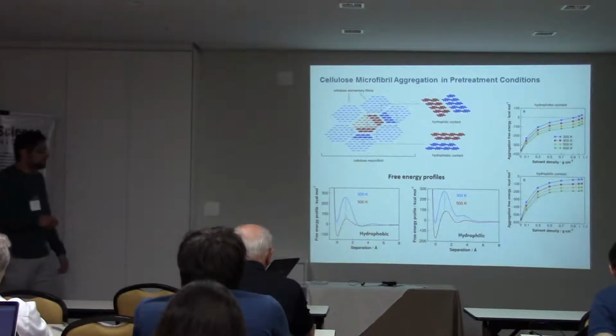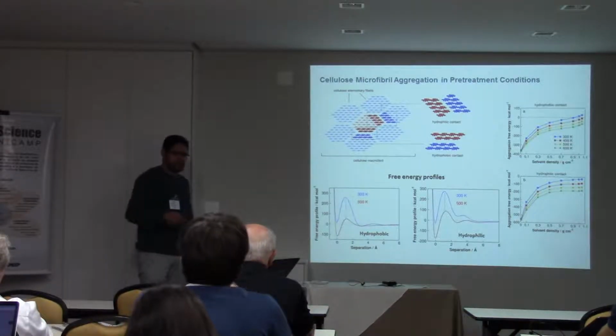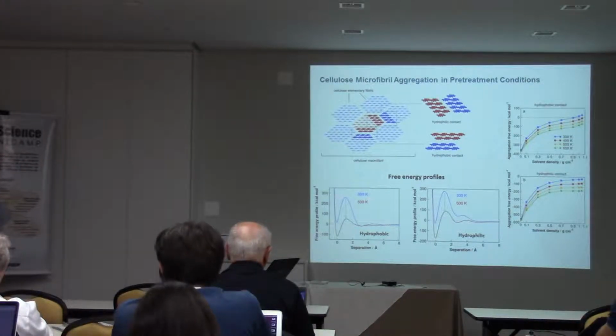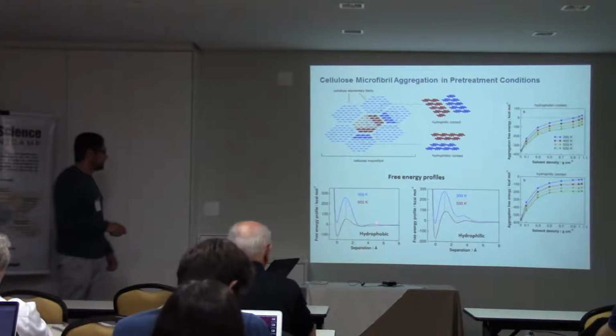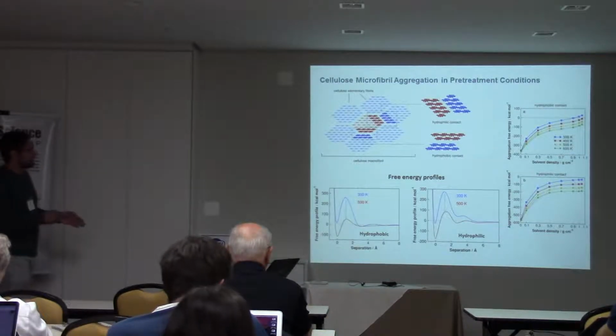And we have this at two different temperatures. It's kind of a simulation of a pre-treatment, a hot water pre-treatment. So what we have here, for example, at 200 kelvins, is a first minimum, a large barrier, and a second minimum, and this is for the hydrophobic contact.